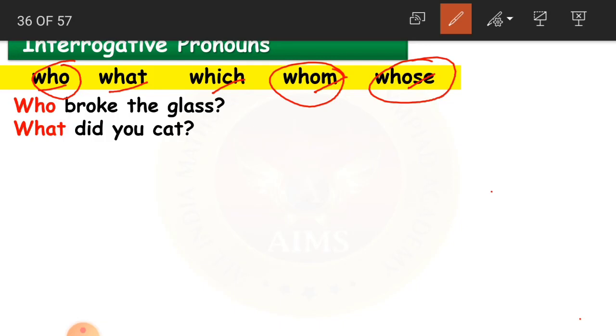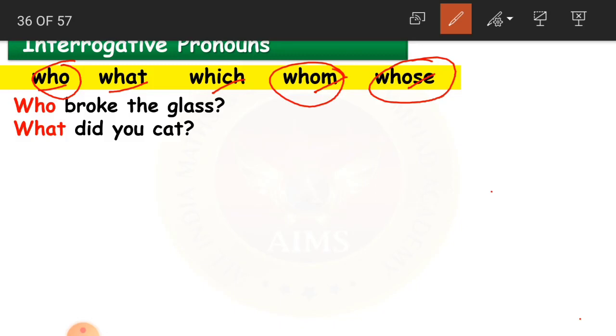For example, who broke the glass? We want to name some person, maybe a boy, girl, man, woman, anyone. And if you say what and which, we refer to objects, things.